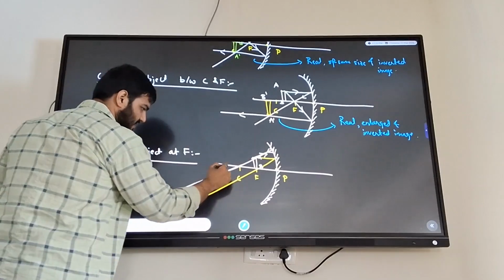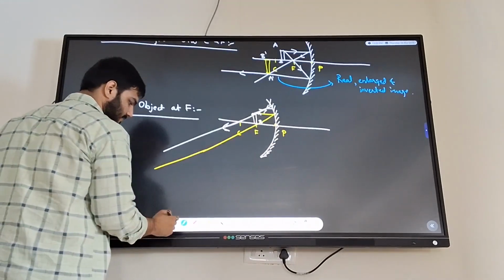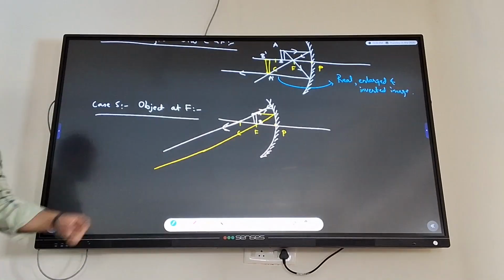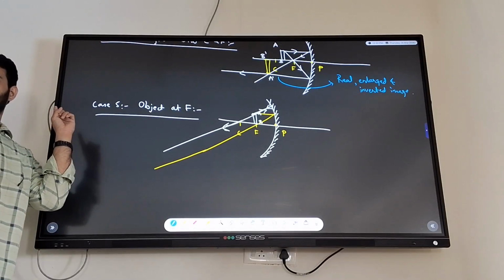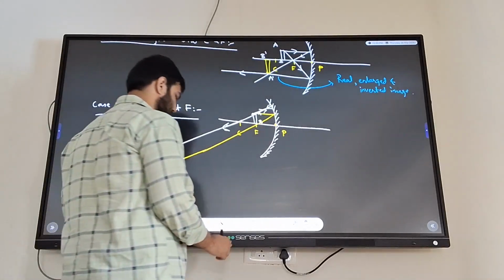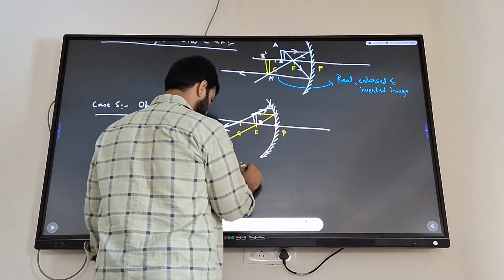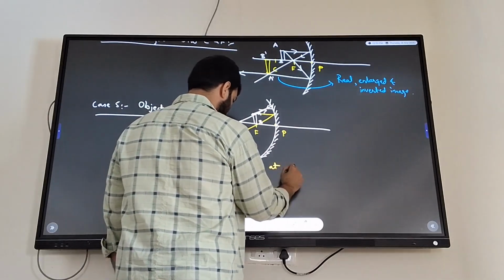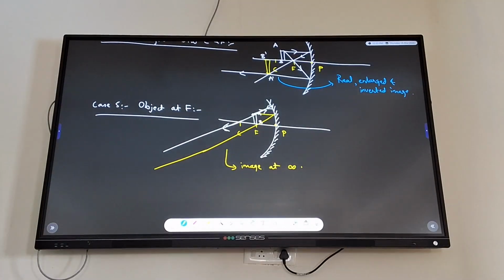It runs parallel. So if you place your object at focus, the image will be formed at infinity. Yes? Is this understood?